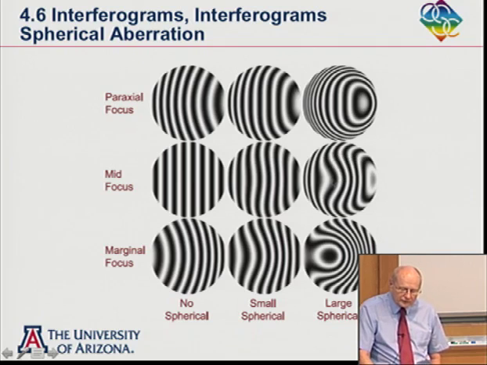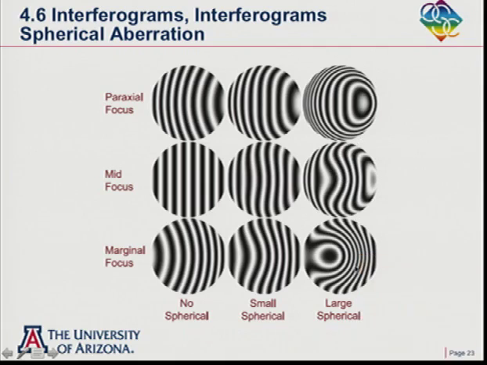Simply taking spherical and adding to it, or subtracting from it, some defocus. And then what we have down here is where it's just beginning a turnaround at the edge. So this is where the center of curvature of this portion of the mirror is at the focus of the diverger lens.